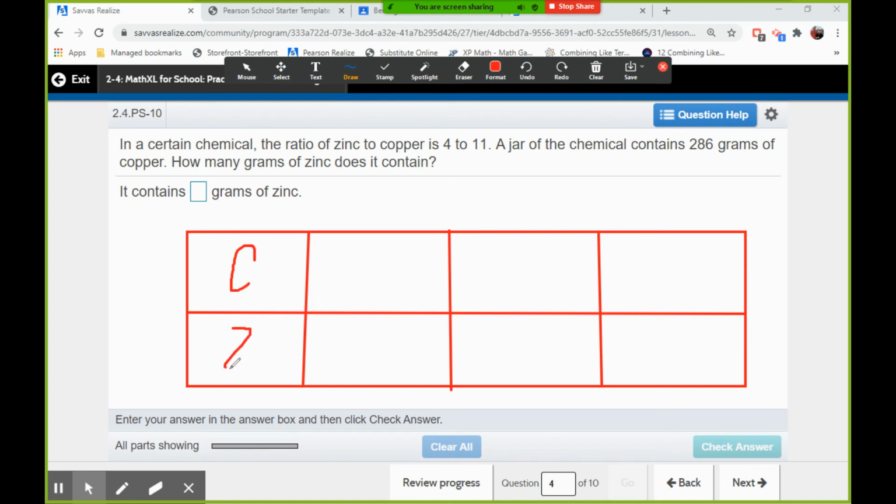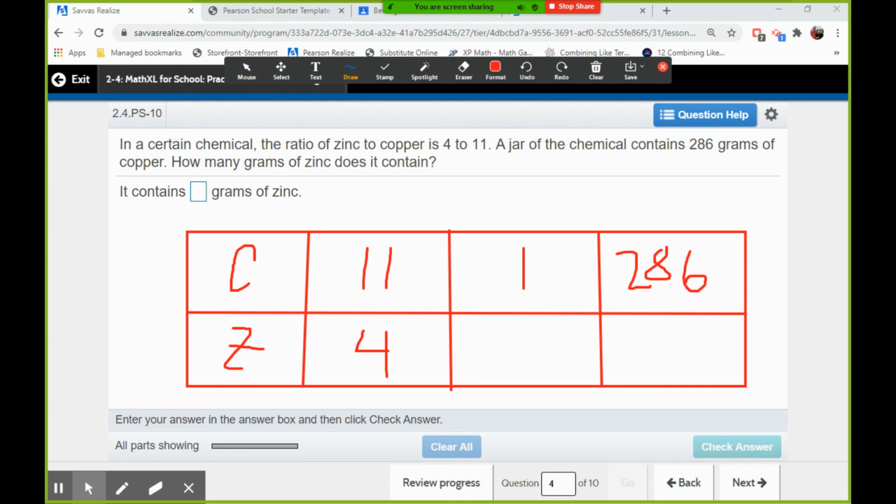Copper, zinc. The ratio of zinc to copper is 4:11. A jar of chemical contains 286 grams of copper, so 286. We're going to figure out a 1 value here. You can figure out a 1 on either piece. Let's do it right there, because we know this value.